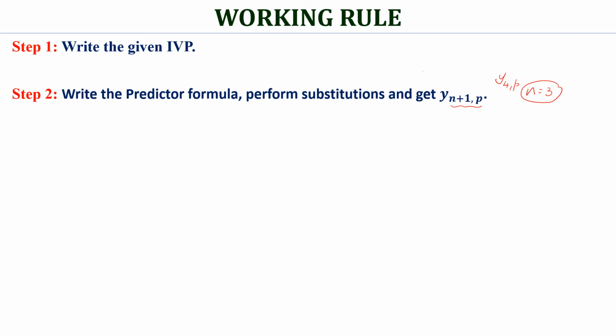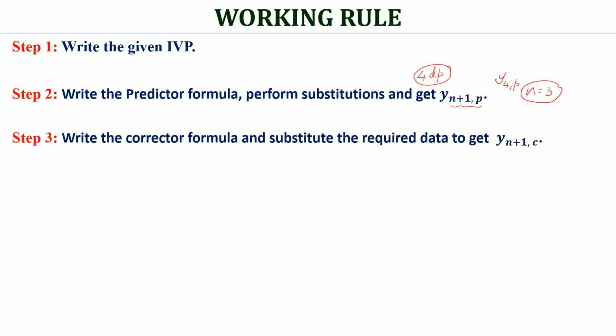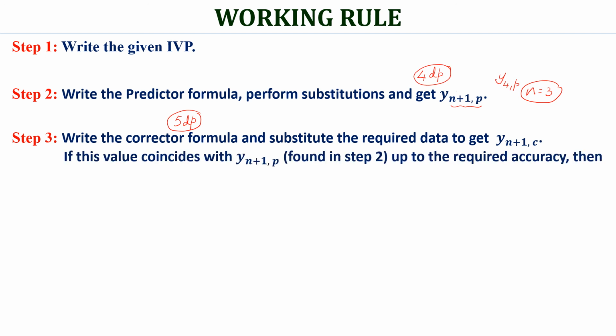And please note that you should keep your calculators fixed to 4 decimal places. Next step is when you are using the corrector formula, please fix your calculators to 5 decimal places. Substitute the value of this for yn plus 1 comma p in the required place of the corrector formula and get the new value of yn plus 1 c, meaning it is y4c. So what am I substituting?